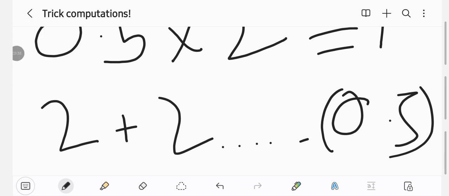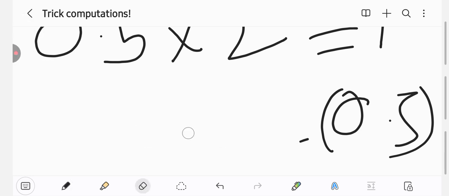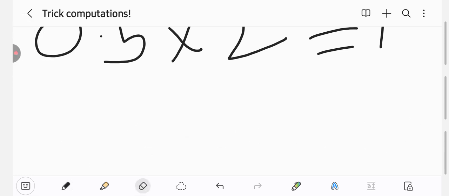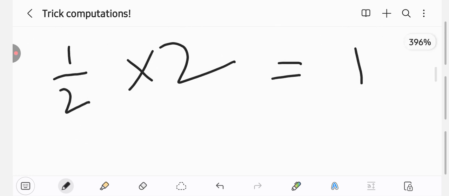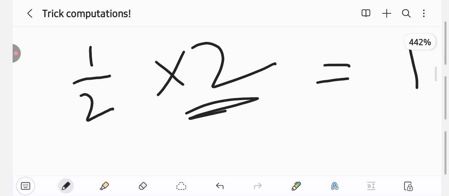Now what does it mean? It means this 0.5, this finite decimal number, is representing a fraction, which means 1 by 2 times 2. Now here comes the more tricky part. How do you add 2, 1 by 2 times? It's impossible.